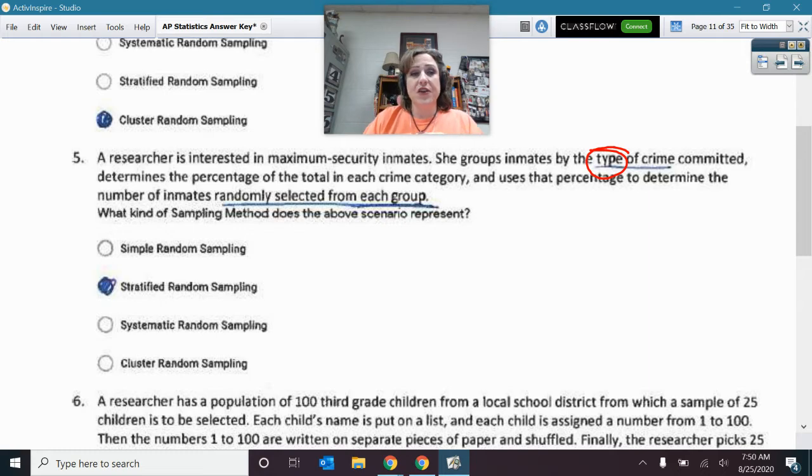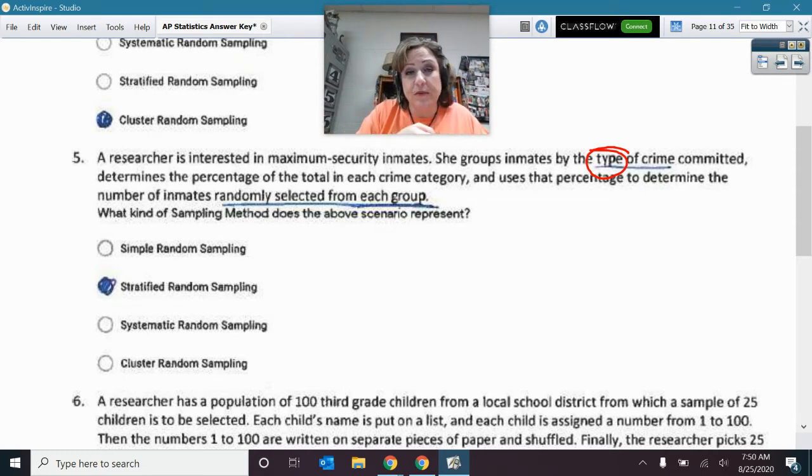Okay. And so, you'd have the ones that were robbery and the ones that were homicide and then the ones that were, I don't know, whatever else. Okay. And so then they did a percentage of the whatever percent, if there was 68% homicide or robbery, then they selected 68% of the sample to be robbery, okay?